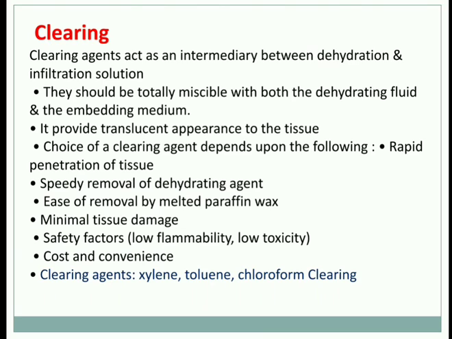After dehydration is completed, clearing is done. Clearing agents act as an intermediary between the dehydration and infiltration solutions. They should be totally miscible with both the dehydrating fluid and the embedding medium. Choice of clearing agent depends upon the following points.